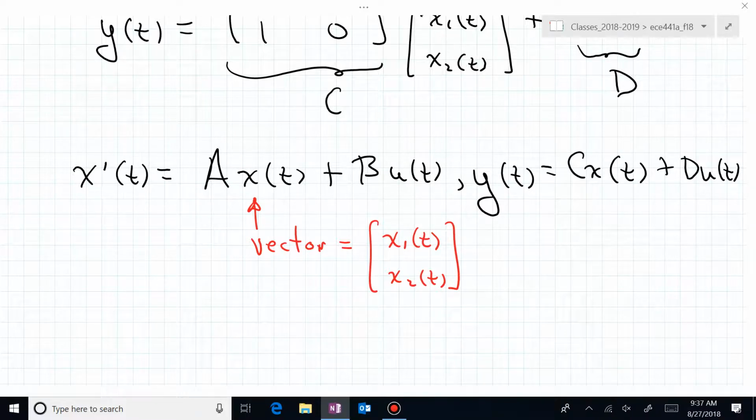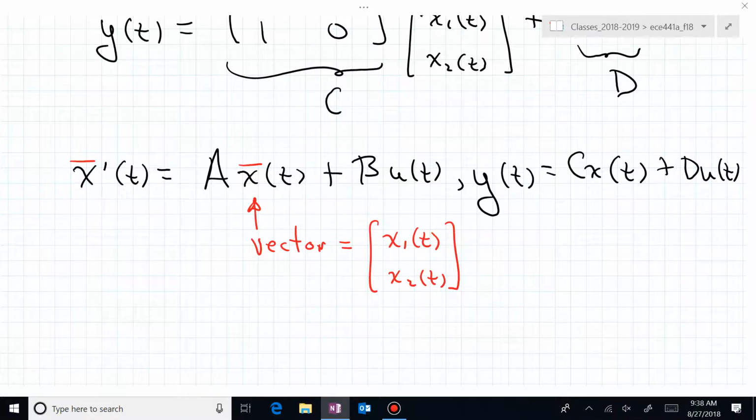Could I put the little arrow on top? That would be ideal, wouldn't it? But am I going to remember that? Probably not. So the suggestion was to say, well, now that it's a bar, but if I say bar in a classroom full of college students, what are you going to be thinking? So I usually don't bar things. Sorry.